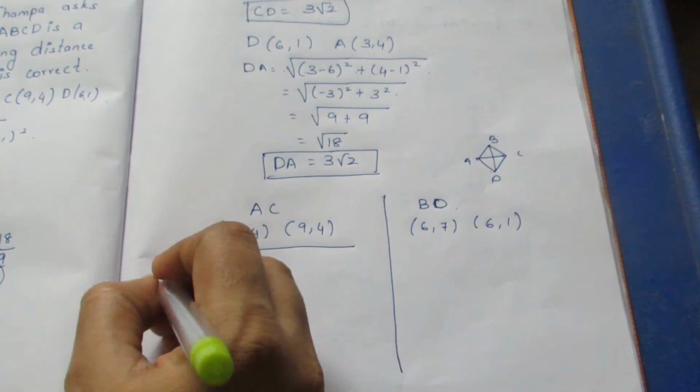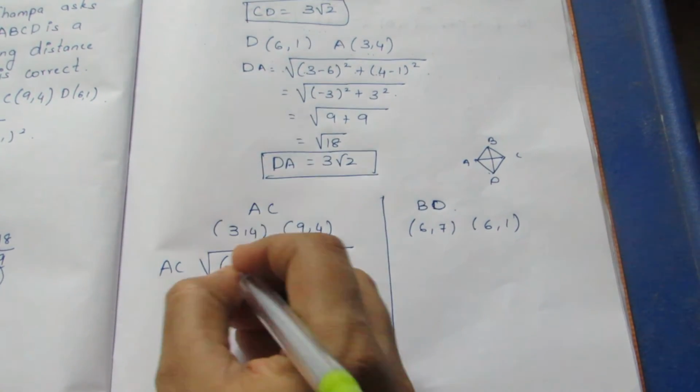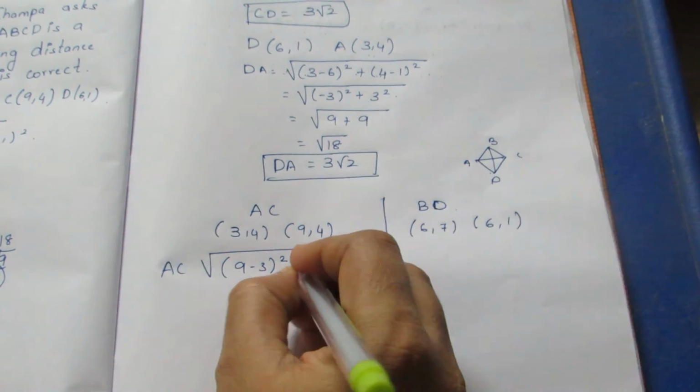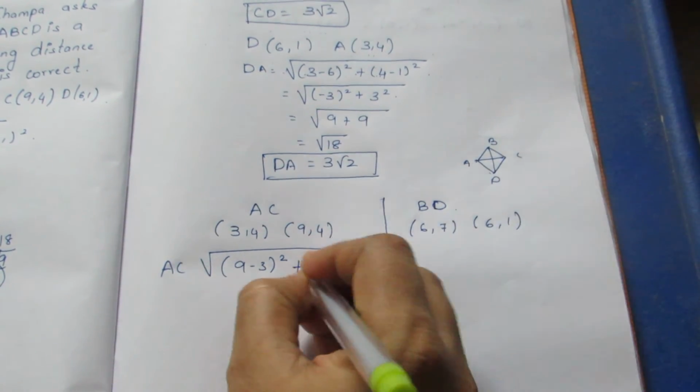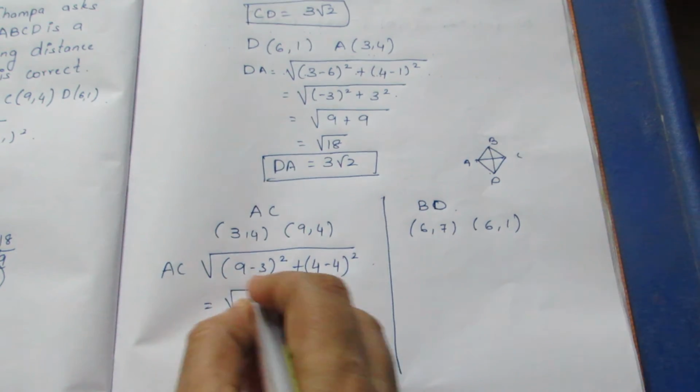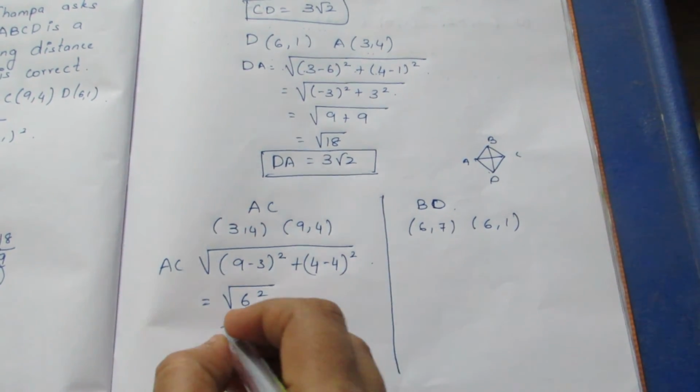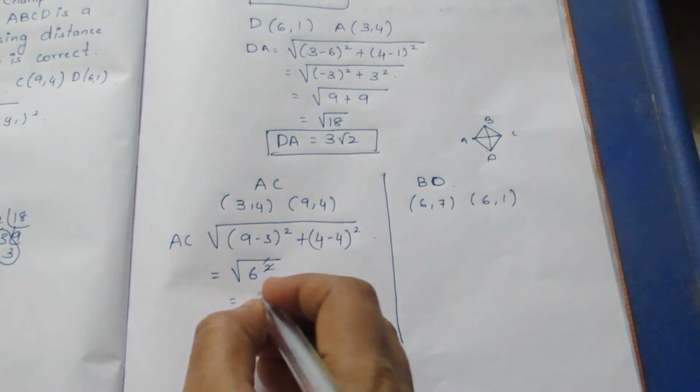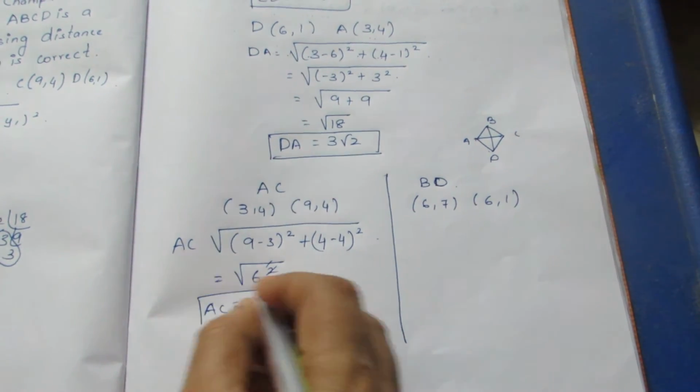For AC, root of 9 minus 3 the whole square plus 4 minus 4 the whole square. 9 minus 3 is 6 square, 4 minus 4 is 0. So here 6 square and root get cancelled. So AC will be equal to 6.